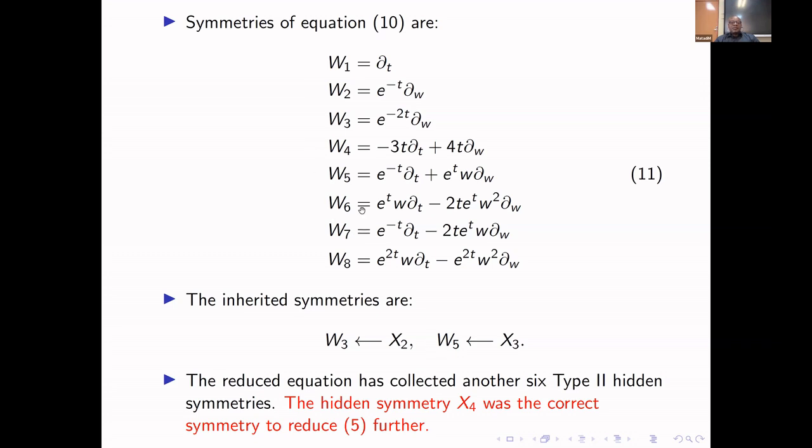If you remove those 2, the remaining 6 are hidden symmetries. And here I conclude that X4 was the correct symmetry to reduce equation 5 further.